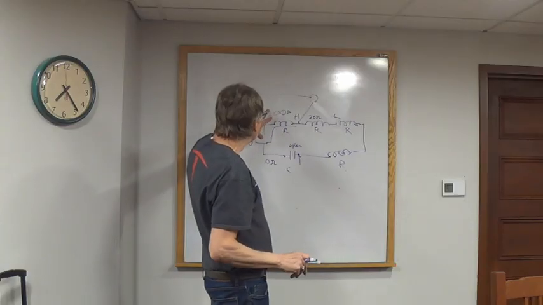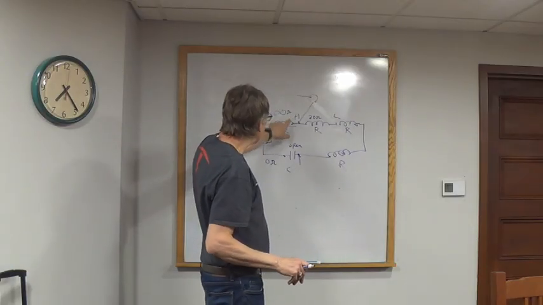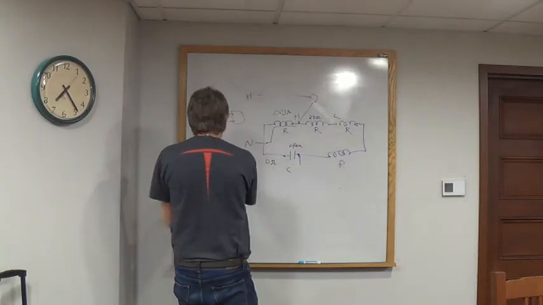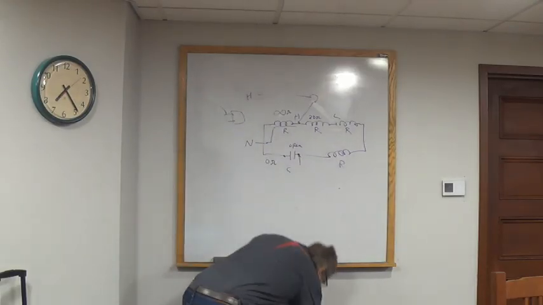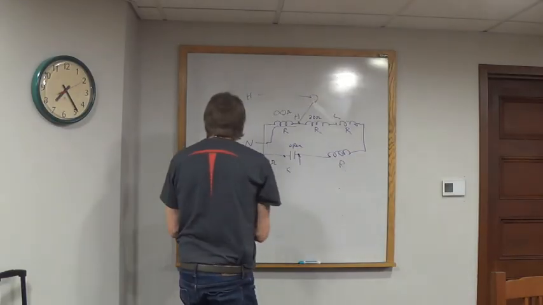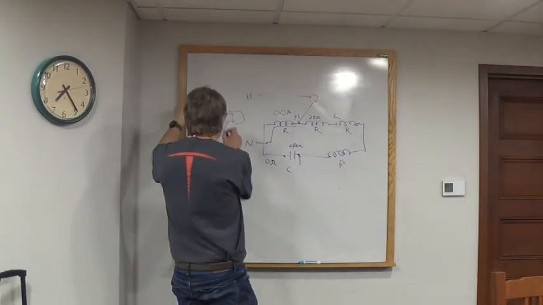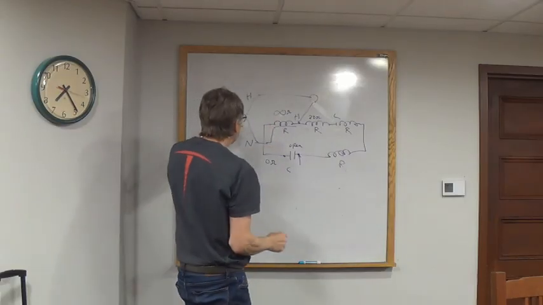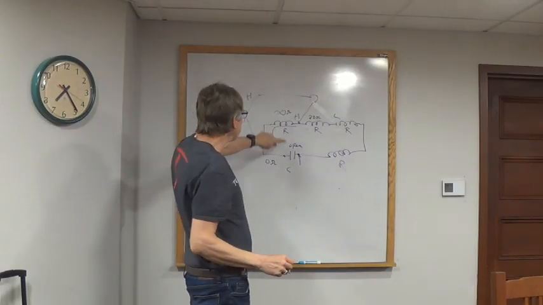So if you put it on high, you measure between the prongs of the plug. You measure the resistance there with your multimeter, and you get infinite. That tells you there's something wrong.